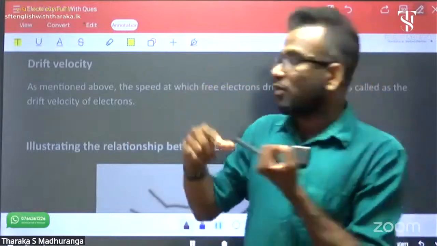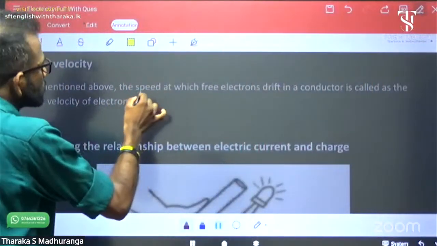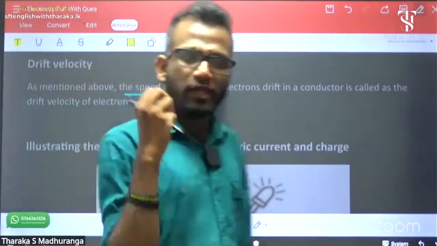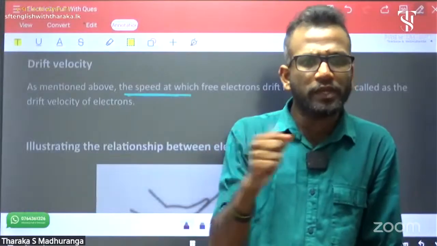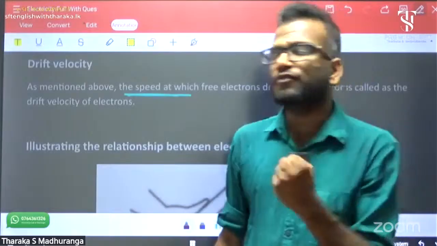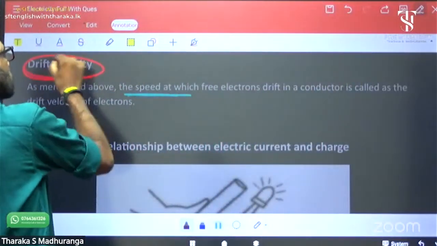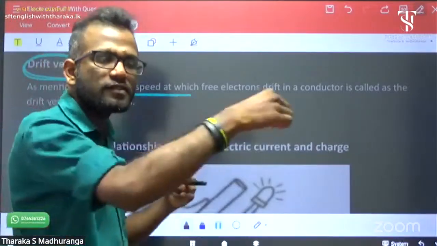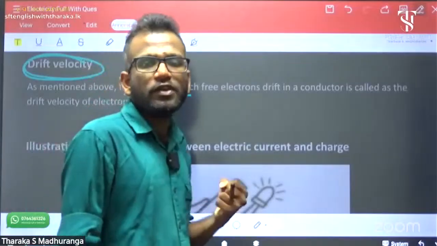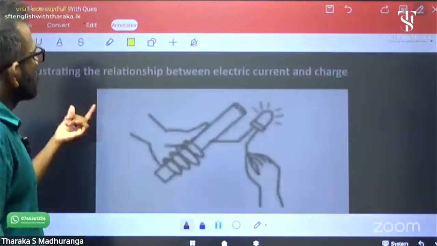Now this moving speed of the free electrons, the valence electrons, through the conductor, we call the drift velocity. These free electrons move at this speed, which we call the drift velocity, for your information.